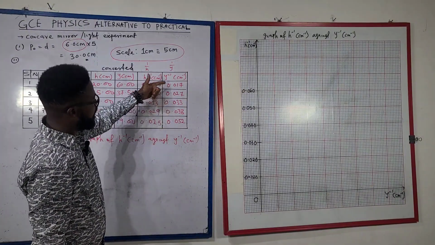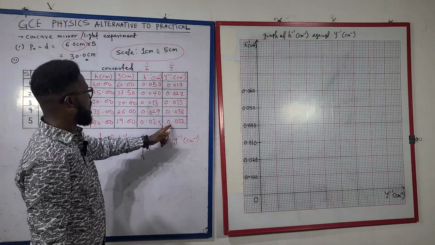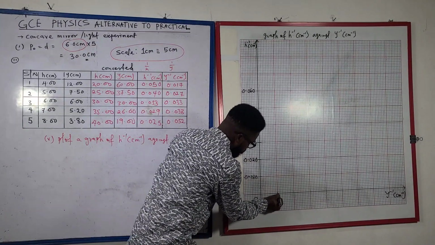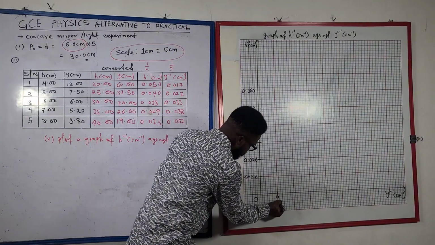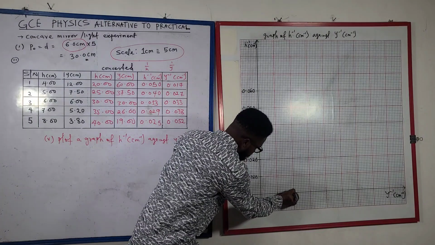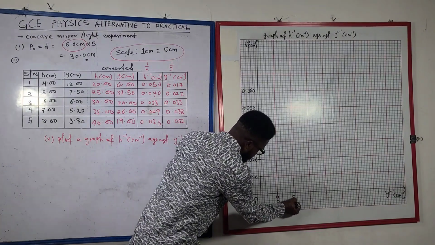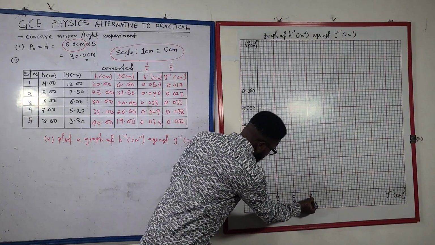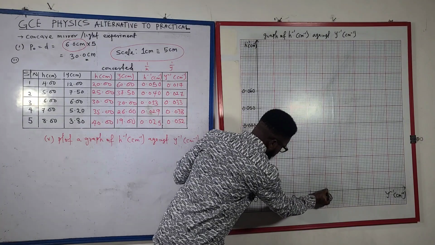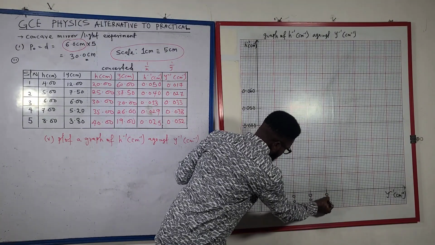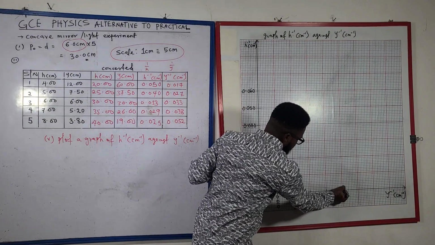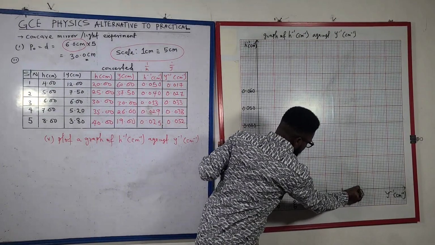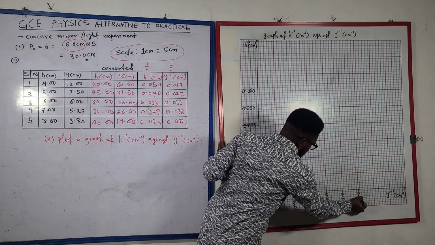I have 0.017 and 0.052. So let me go 0.010 as well, 0.020, 0.030, 0.040, 0.050, 0.060.